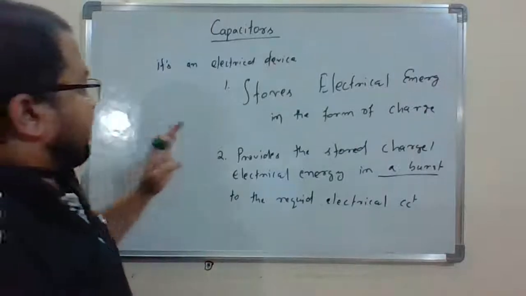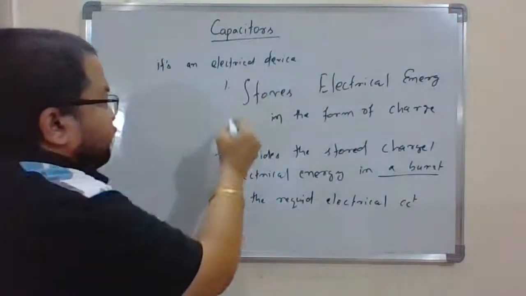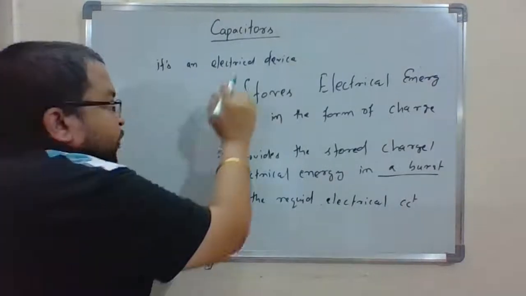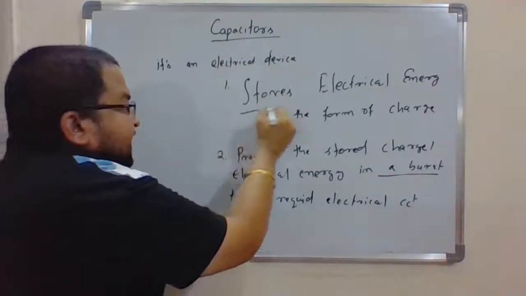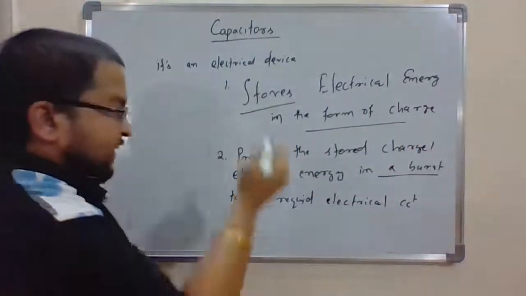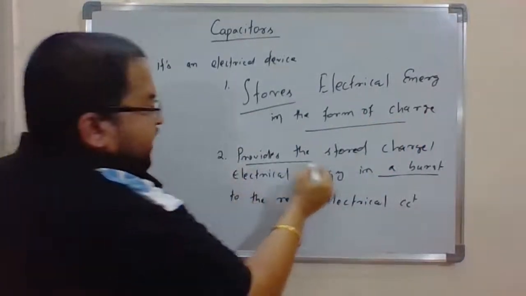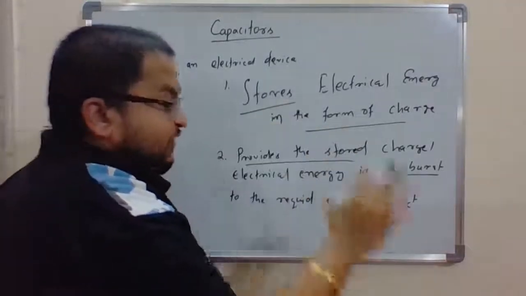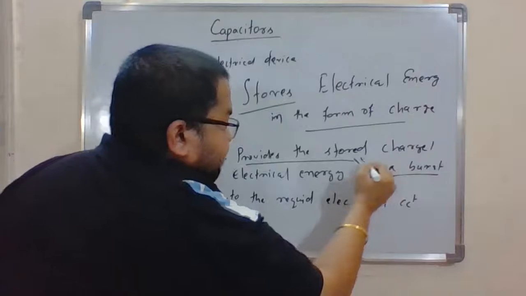So I repeat, the two important properties of a capacitor are: A, it stores electrical energy in the form of charge, and second, it provides the stored charge to the electrical circuit in a burst.